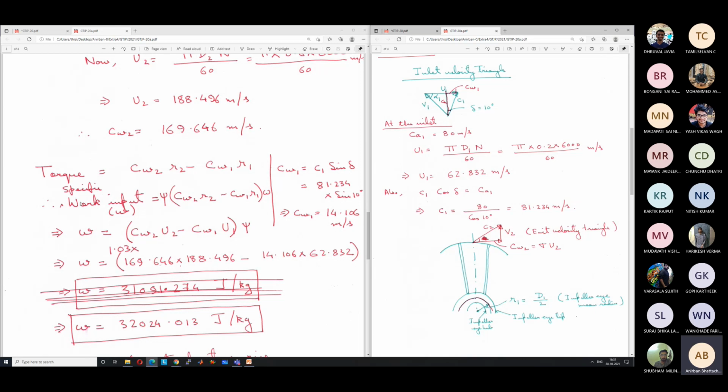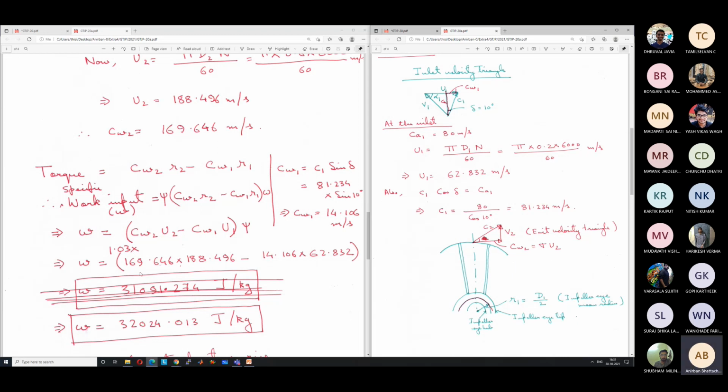So what we'll do, we will just first write it in terms of work input, specific work input, which is the work input per unit mass flow rate, equal to the power input factor into CW2 R2 minus CW1 R1, into omega, which is equal to CW2 U2, since R2 into omega is U2, minus CW1 U1, since R1 into omega is U1, into psi. So we know all the values here. Psi is 1.03.